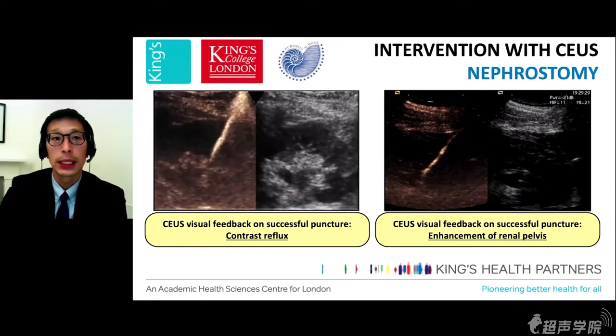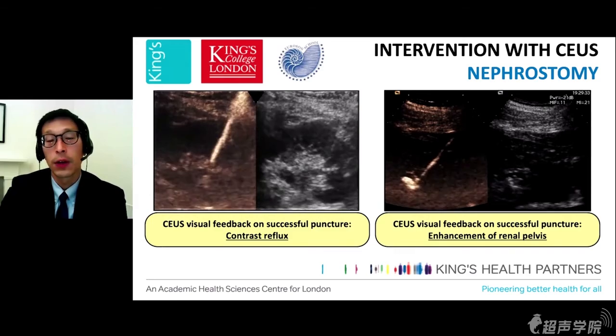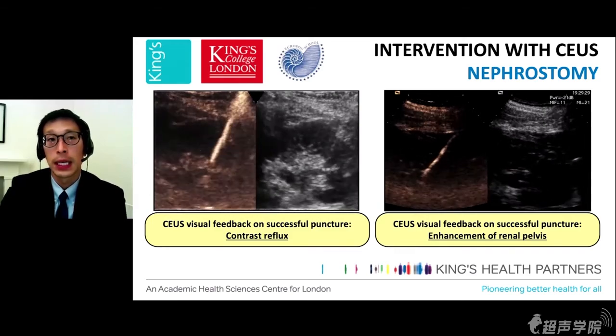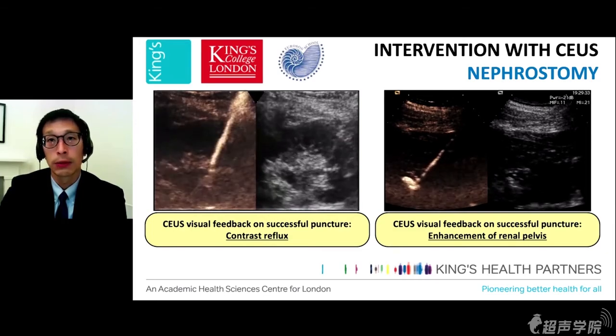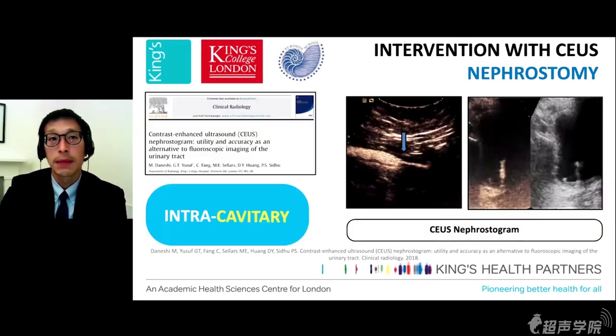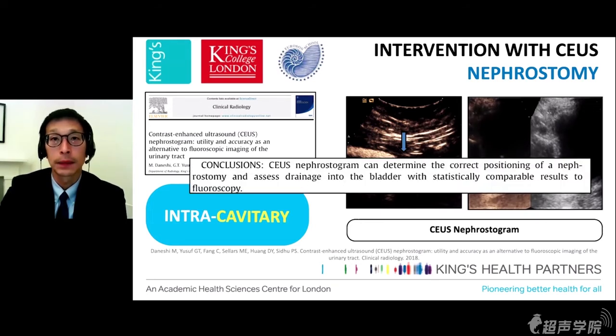Alternatively, and more commonly, when you make the puncture, the contrast flows into the renal pelvis and demonstrates the renal pelvis, showing you that you're in the right place. By injecting a bit more contrast, you can actually visualize the whole renal tract all the way down into the bladder and confirm the successful drainage into the bladder by visualizing the microbubbles within the bladder.